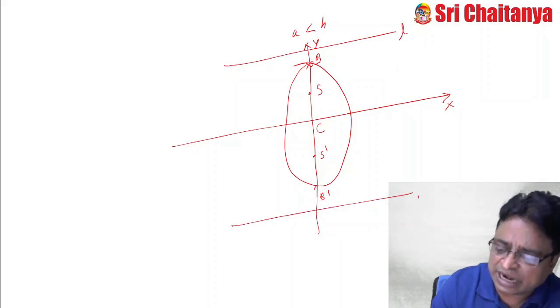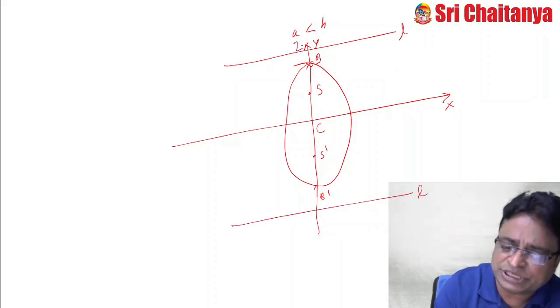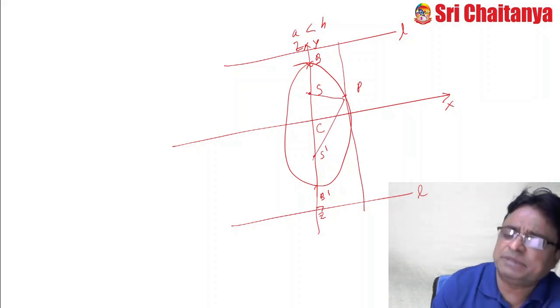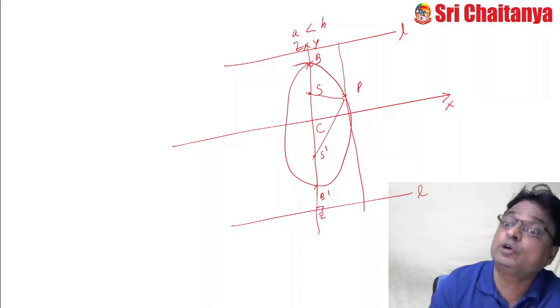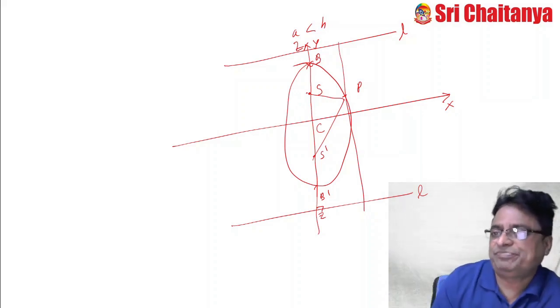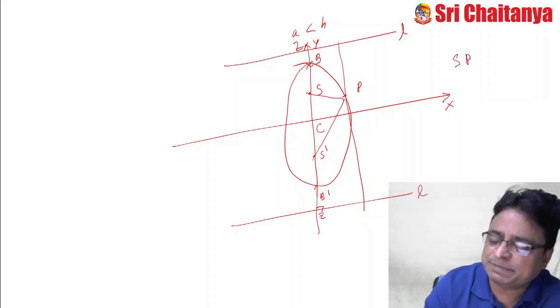This is L and L dash, this is Z, and this is Z dash. Same thing. And of course, this is any point P. This is SP and S dash P. SP by PM is equal to E, and the sum of the focal distances SP and S dash P is equal to 2B.